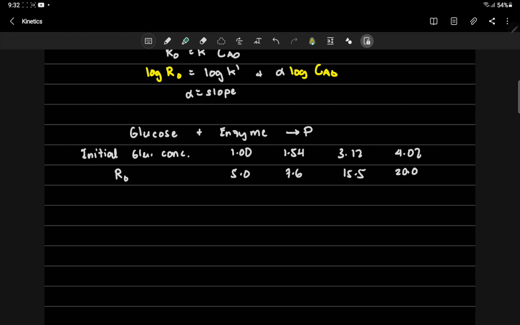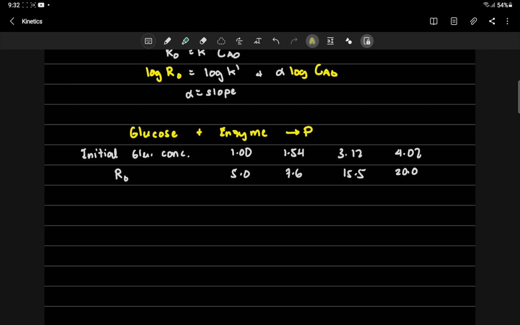Okay? So for example, I want to determine the rate law expression, or maybe just the order of the reaction for this particular biochemical reaction. So we have glucose acted upon by an enzyme forming your products. And you're given here the data, the initial glucose concentration. So probably it's in terms of millimoles per liter. And your rate is also given, maybe millimoles per liter second.